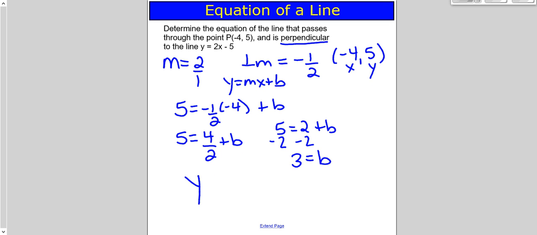Awesome. So there's my equation. My slope, negative 1/2 x, plus my y-intercept at 3.